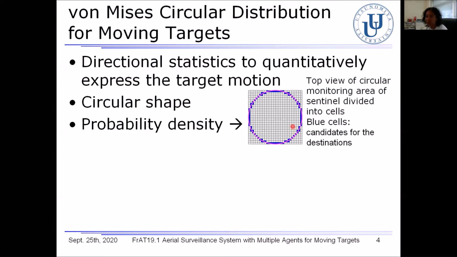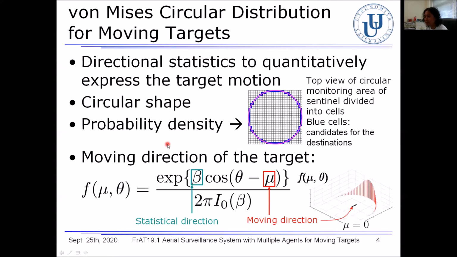So the target moves toward a destination cell. The blue cells corresponding to the edge of the monitoring area are candidate cells for the destinations. For the candidate cells, the moving direction of the target is expressed by the probability density function of the von Mises distribution, as you can see here in this equation.